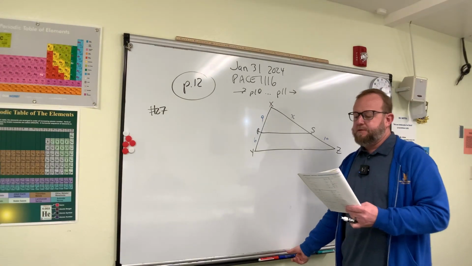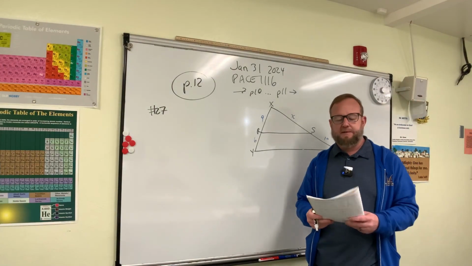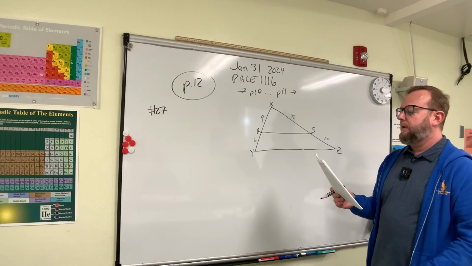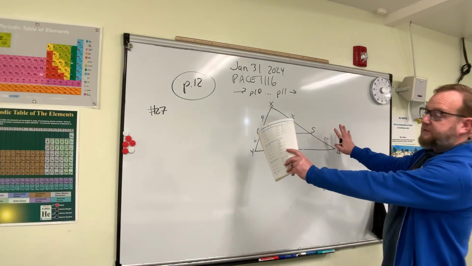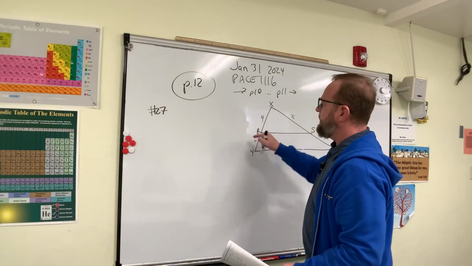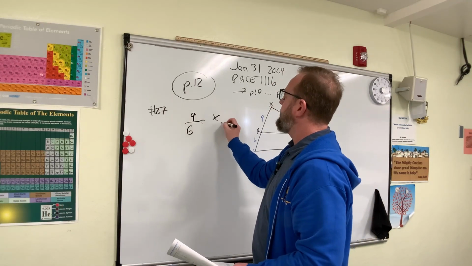So how would I set that up as a proportion? Well, it is sort of laid out there for me. I could just use what's written on the board and put 9 over 6 and set that equal to X over 10.